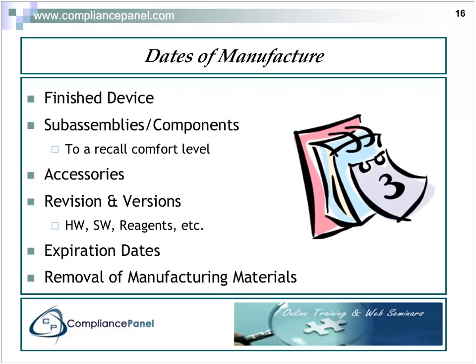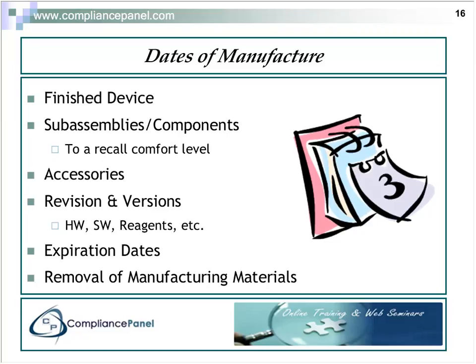So if we talk about the dates of manufacture, obviously the finished device is important. You need to know what the date of manufacture was for that particular device. But subassemblies and components that are included in the device, and this next bullet here, to a recall comfort level for yourself. If you've got a very complex device with many circuit boards and things, versions of software, mechanical components, I'm not advocating that if you have a circuit board you go down to the level of the resistor on the board, but you need to have a recall comfort level for yourself.